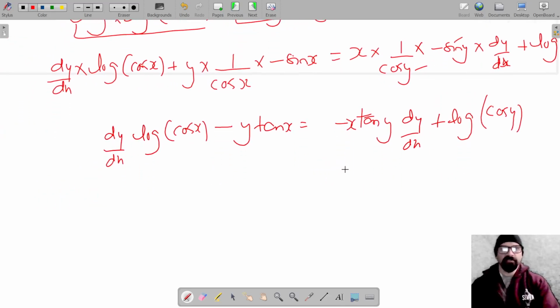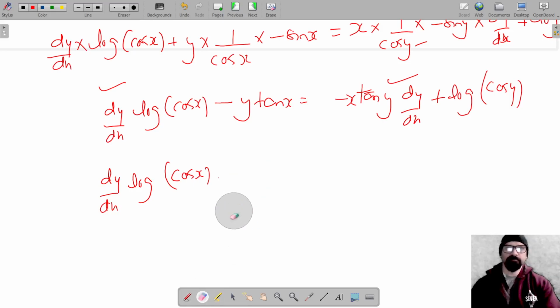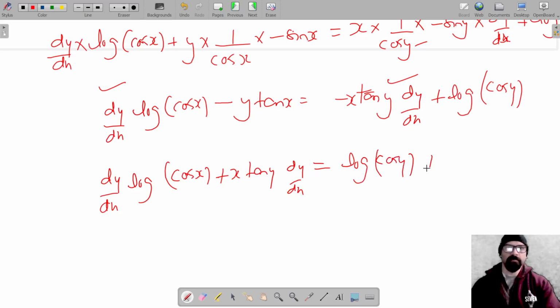Okay, let's take the terms of dy by dx on one side. So dy by dx into log of cos x plus x tan y into dy by dx is equal to log of cos y plus y tan x.